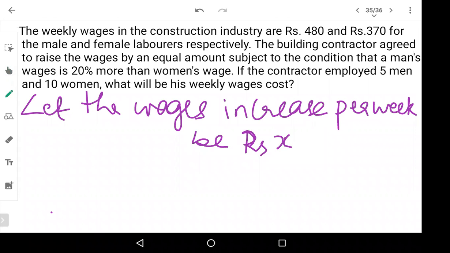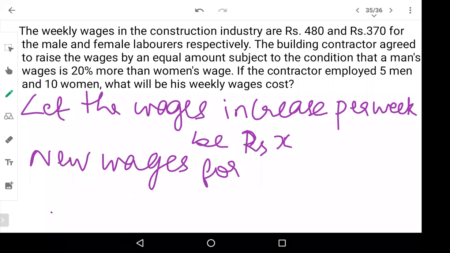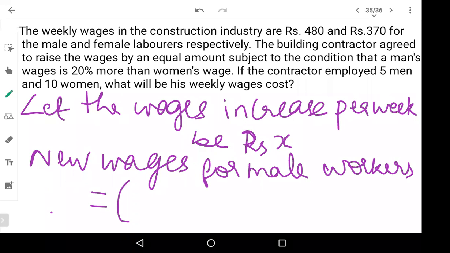Everybody listen and concentrate. New wages for male workers is equal to, what was the original wages? How much was men being paid? 480. So 480 was the original pay for men. Now read the second sentence.